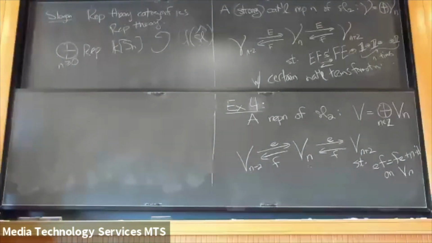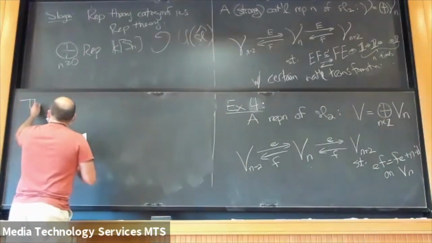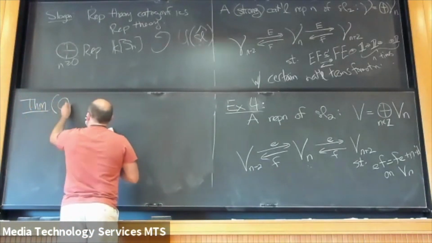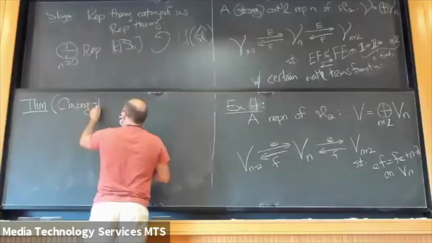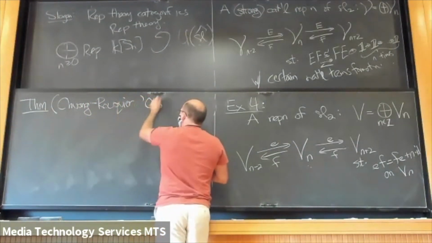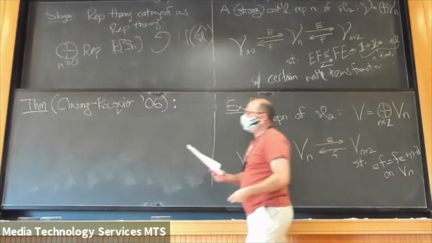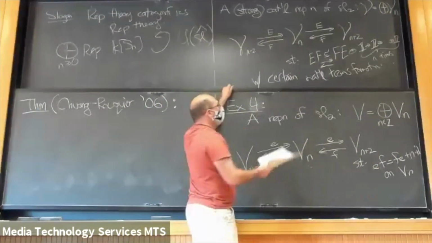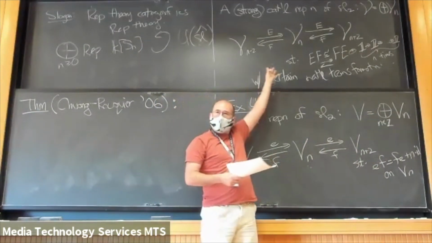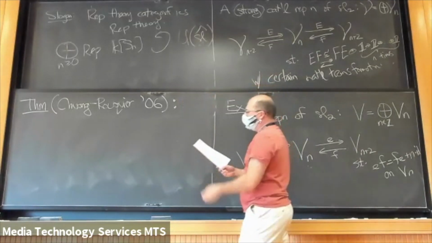Yeah, there is only one reasonable definition, or there are several reasonable definitions, and they're isomorphic. That was a big theorem of Brundan. So here's a theorem. The paper that started a lot of this analysis of morphisms and really opened up the field was this paper of Chuang and Rouquier in 2006, where they defined the proper notion of what extra structure should exist to have a good theory of categorical SL2 representations.